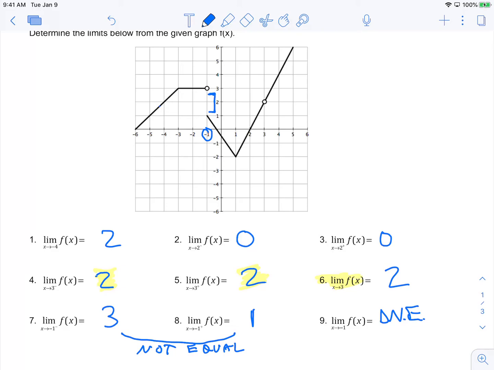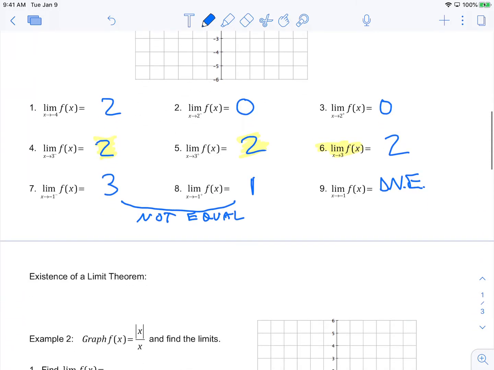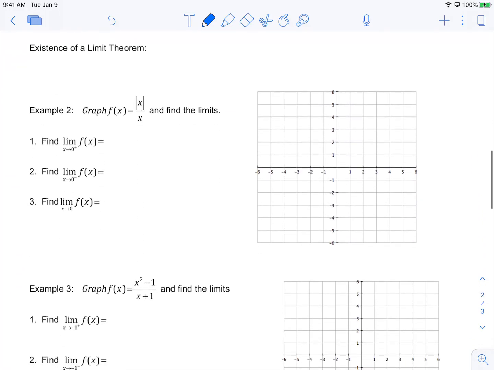All right, so that's a little bit about limits. Now let's get into some more analytical stuff. So now we have the existence of a limit theorem. And so the theorem looks something like this. And it's going to basically recap what we just talked about.